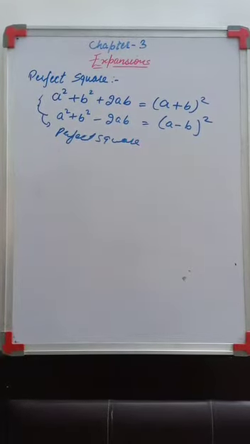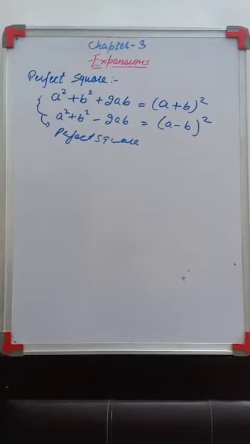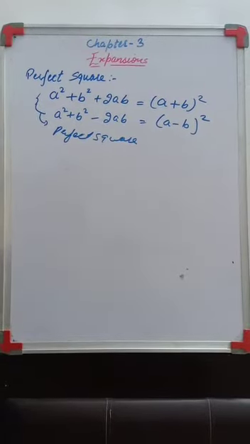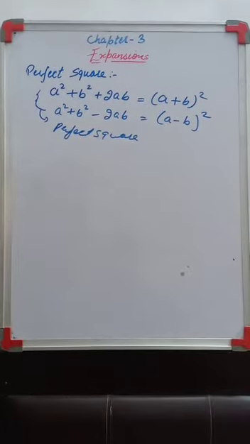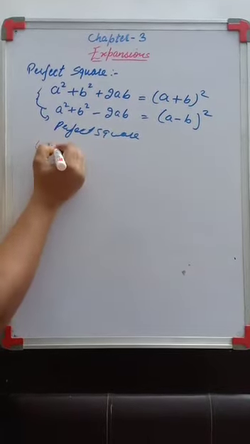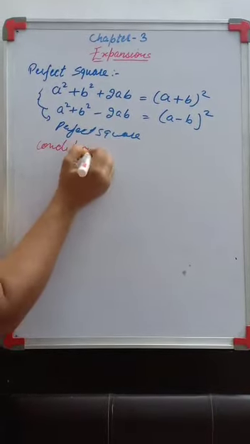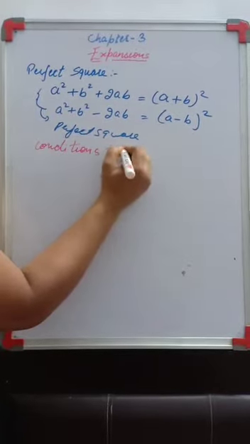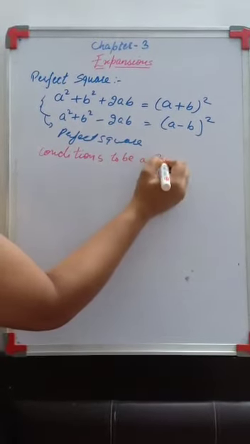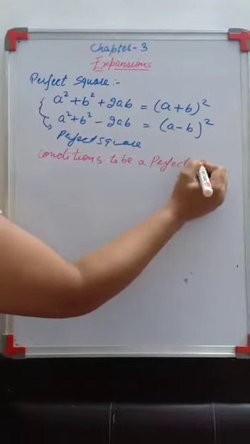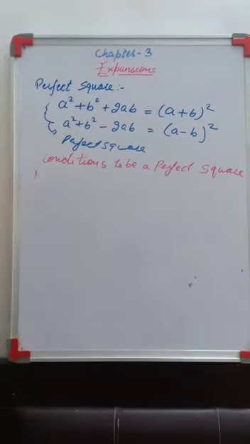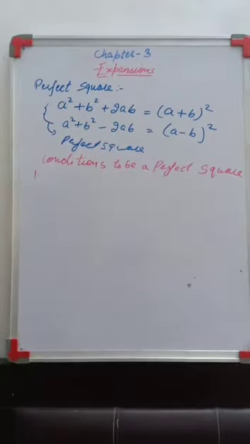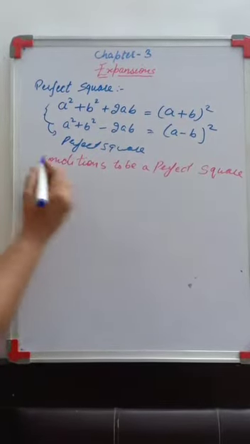Now if an equation is given, then how do we check whether it is a perfect square or not? For that we have conditions to be a perfect square. So the first condition is that it has three terms.